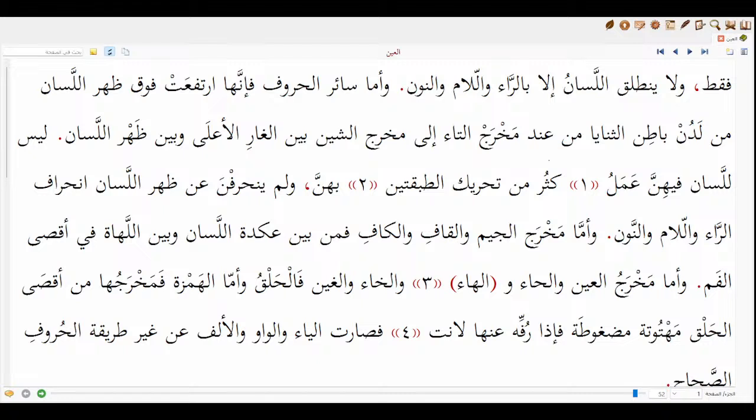So as for the jim, qaf and kaf, this is pronounced from between the root of the tongue and between the lahat. Let's see what lahat means.